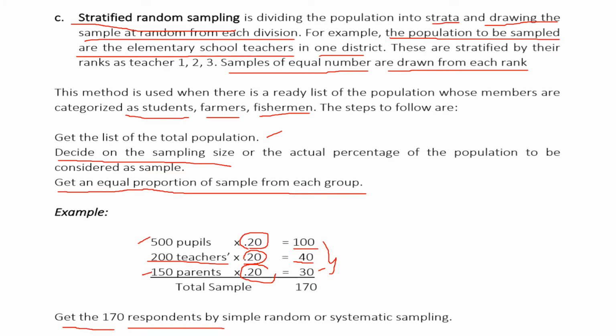Now, to use this sampling method, you divide the population into subgroups called strata. Please do take note of this: another term for subgroups is your strata.